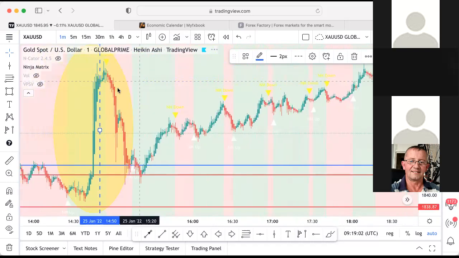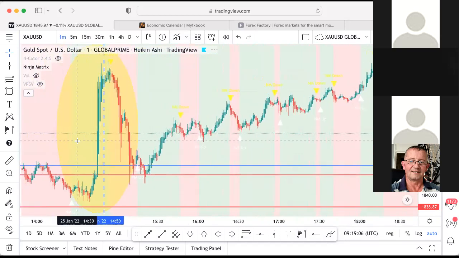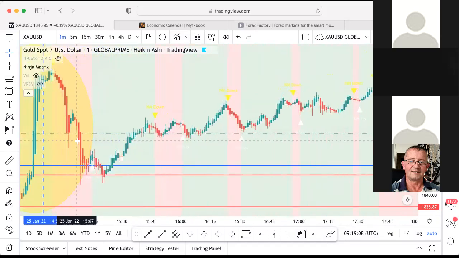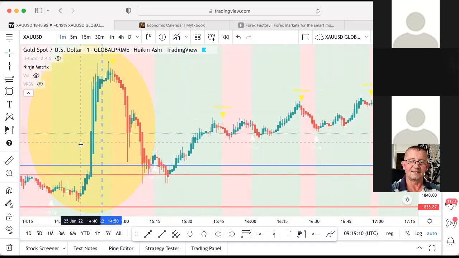There we go. So that's a 1 minute candle there, and that's a 1 minute candle there.